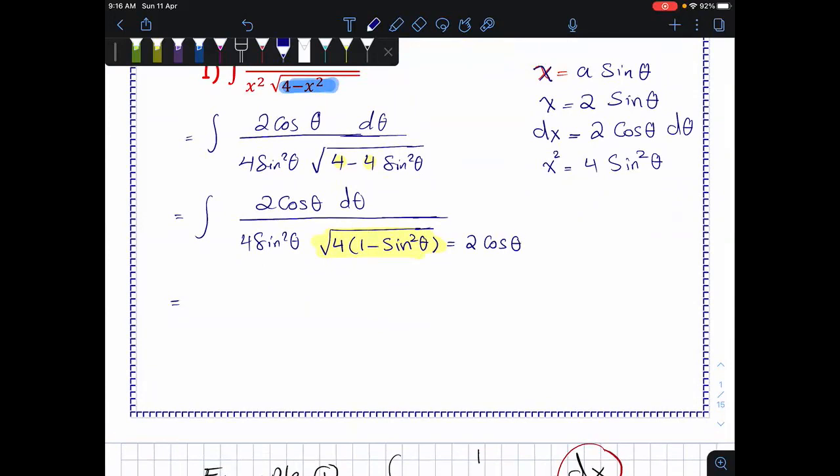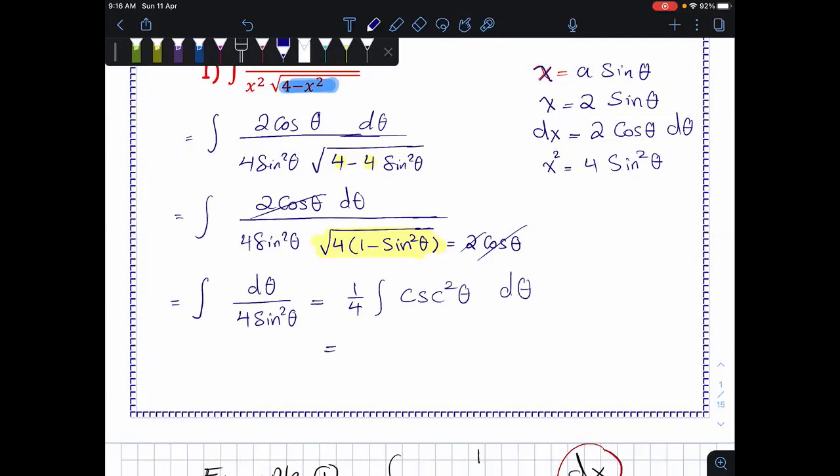So the 2 cosine theta in the numerator cancels with the 2 cosine theta, and finally we have the integral of d theta over 4 sine squared theta. Sine squared is in the denominator, so we can write 1 over 4 as a constant. 1 over sine is cosecant, so we have cosecant squared theta d theta.